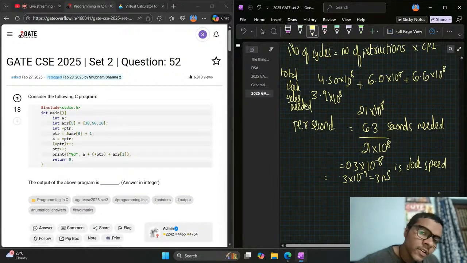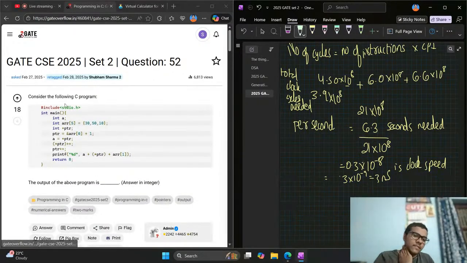It is a C programming pointer manipulation question. We should be able to do this. This is an array of 5. Pointer is, so 30, 50, and 10. Pointer is pointing to 50.